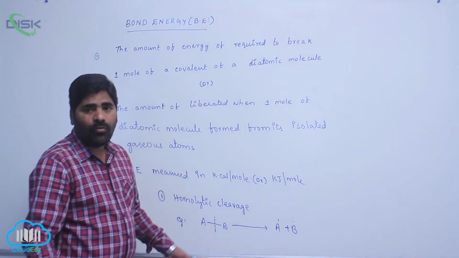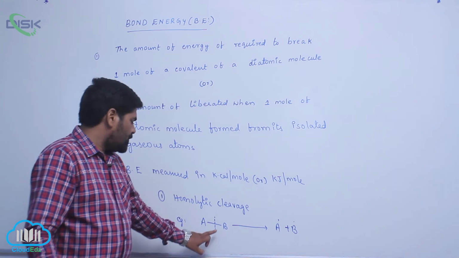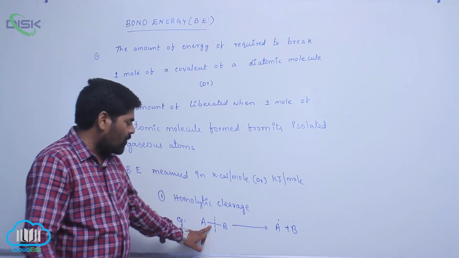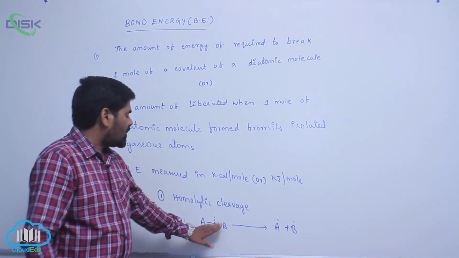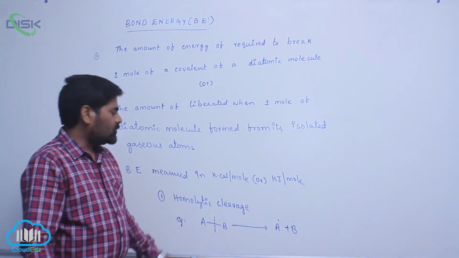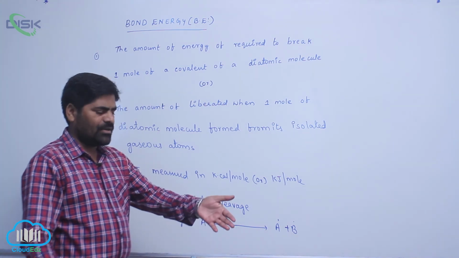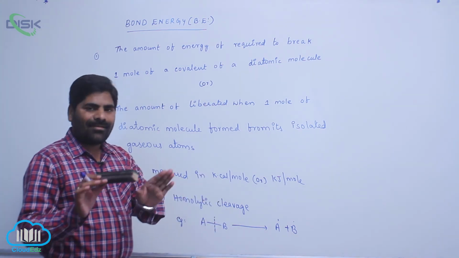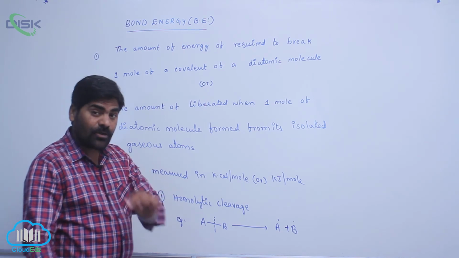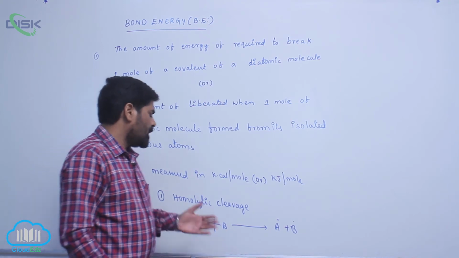Symmetrical cleavage of a covalent bond is known as homolytic cleavage. The two bond electrons are equally distributed to the bonded atoms of a covalent bond. So this particular cleavage is known as what? Homolytic cleavage.